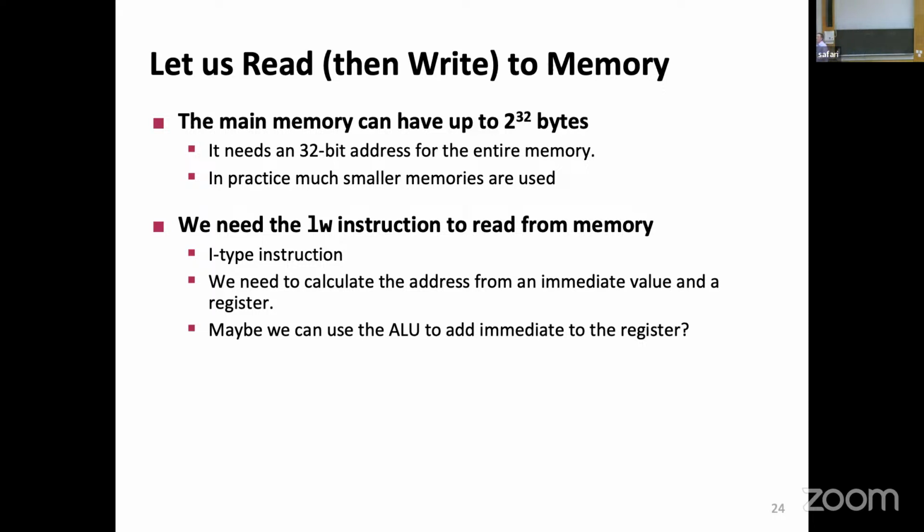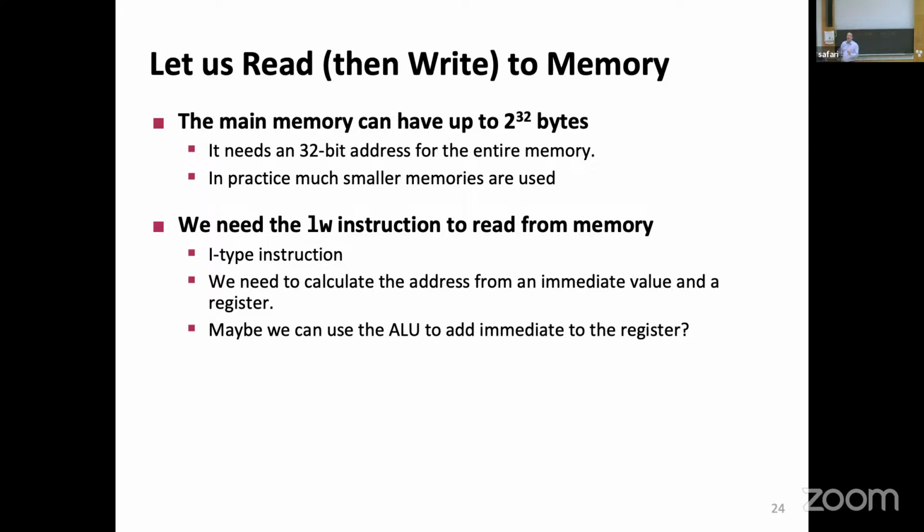But not only that, I also have an immediate, a constant value, which I can use to manipulate this address. We saw the uses of this last week when we were talking about stack. The stack pointer was showing us where the stack is, and then the first word was 0, the second word was 4 after, the other one was 8 after. So it made describing these data structures easier. So I have a constant here, I'll just write a random value, 24.